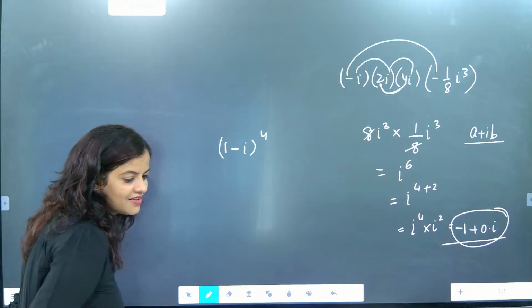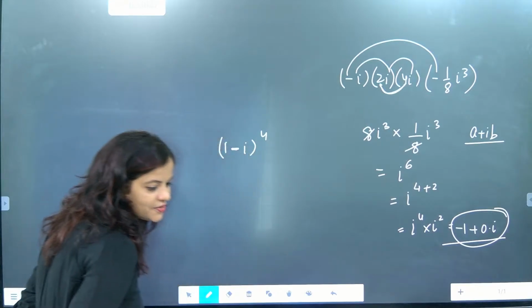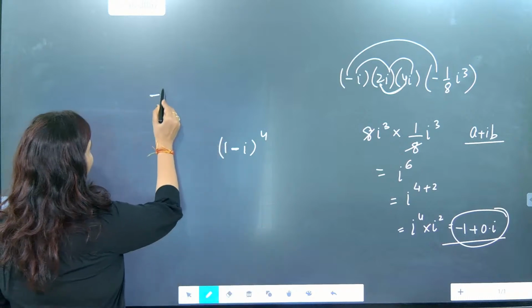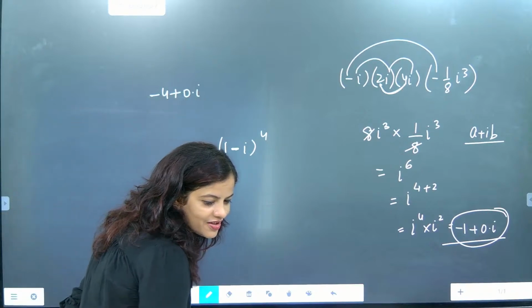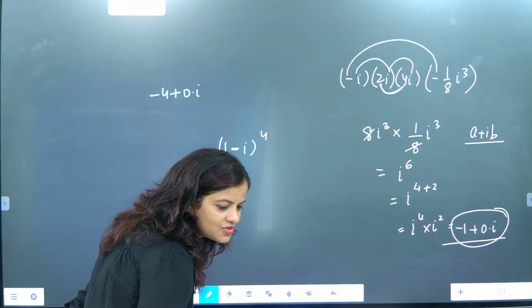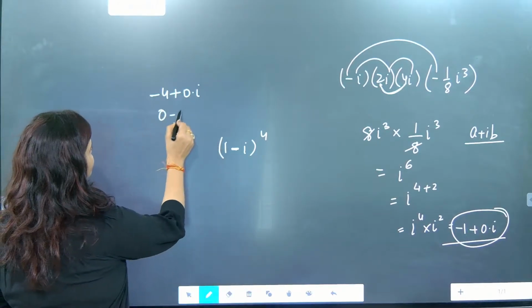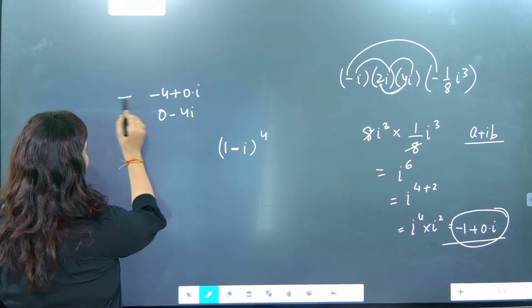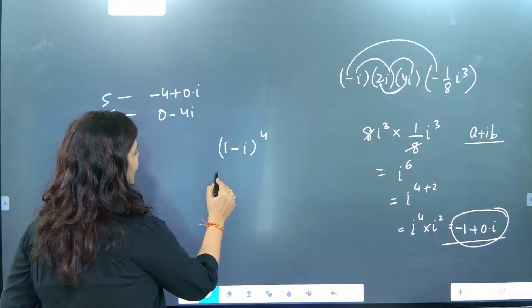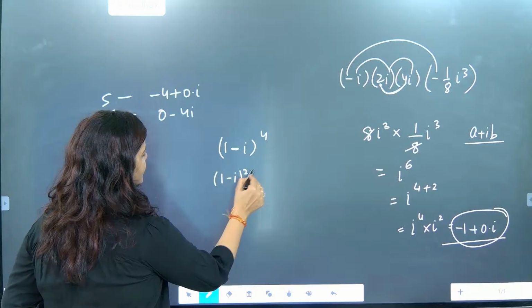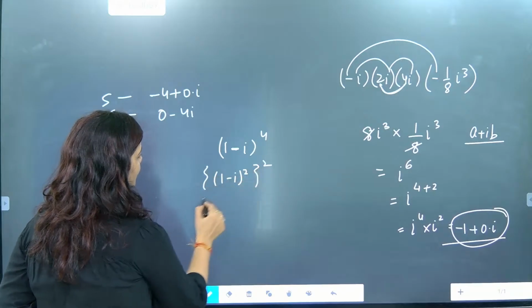Very good, Siddharth. Again, Siddharth versus Sujay. Siddharth gave minus 4, this answer. Sujay also gave this answer. Siddharth and Sujay both are standing with the same answer. Now look here. Let's see this one out. I will do only one work. I will write here square and outside square will be coming.